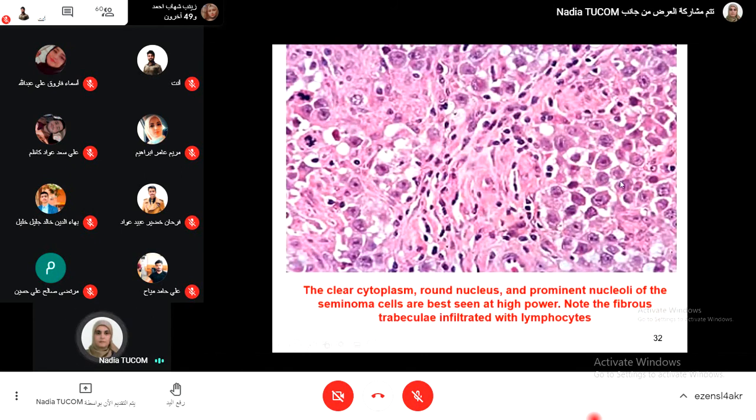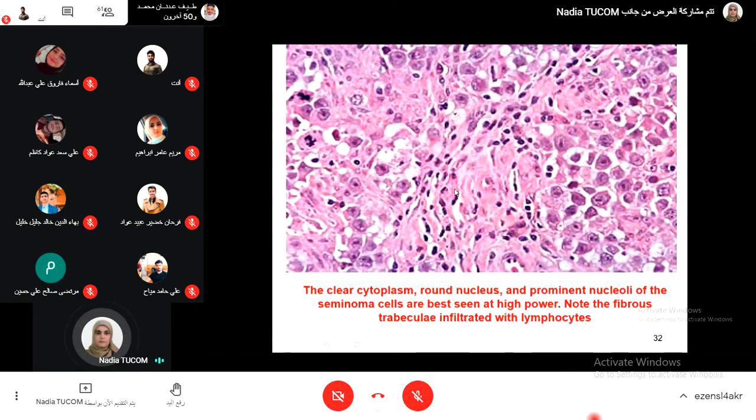Fried egg histology. These sheets of malignant cells are separated by intervening stroma rich in lymphocytes.